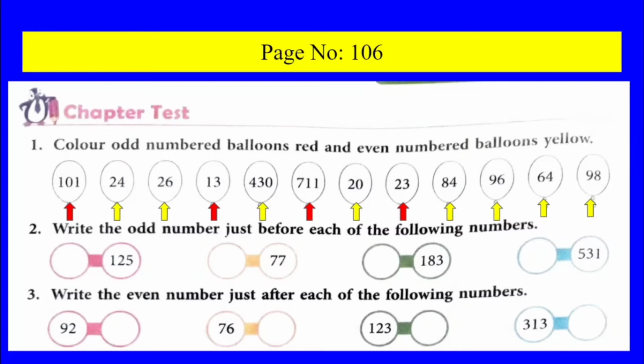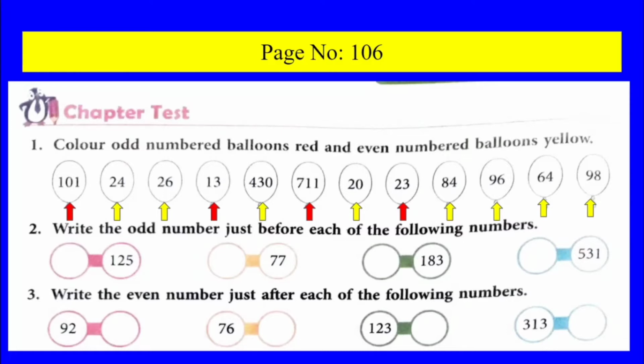No, 124 is an even number because it ends with the number 4. So now which number comes before 124? Yes, 123. So is 123 an odd number?